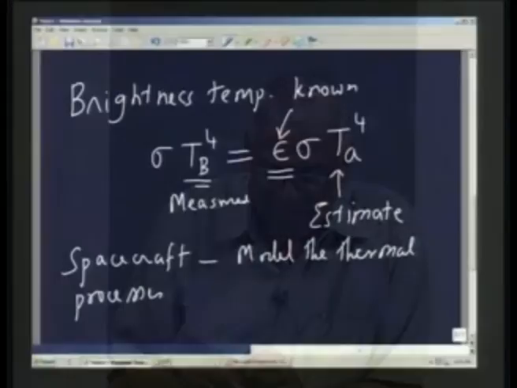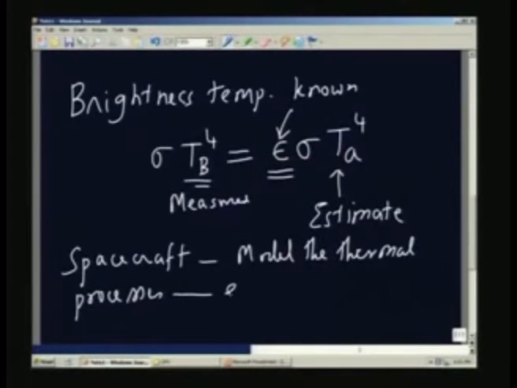So, you want to keep the spacecraft at a desired temperature level. So, we have to model the thermal processes. This requires emissivity, and of course, emissivity also means other properties like absorptivity, because they are related to each other, and then the reflectivity and so on. Emissivity measurement is important. Therefore, we want to look at some of the methods which can be used, and let us look at some of them.